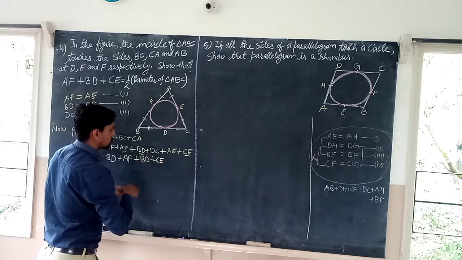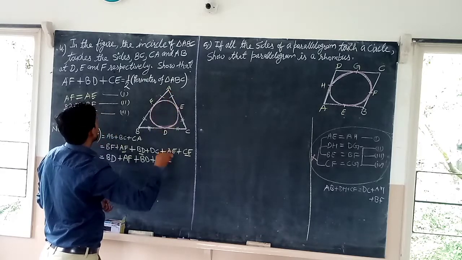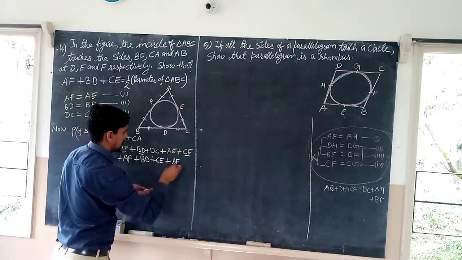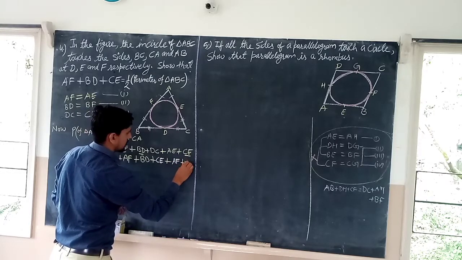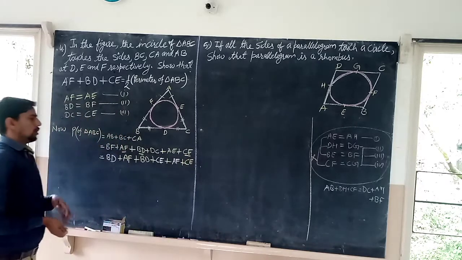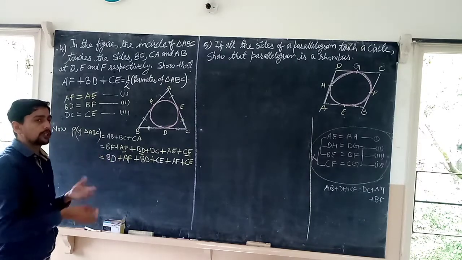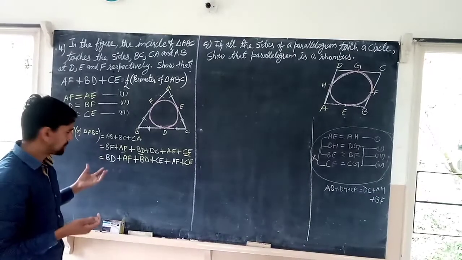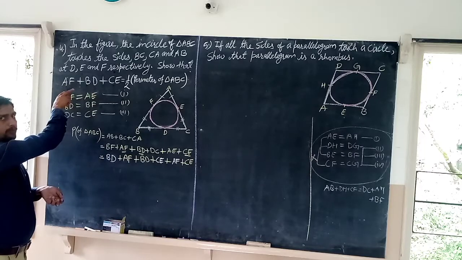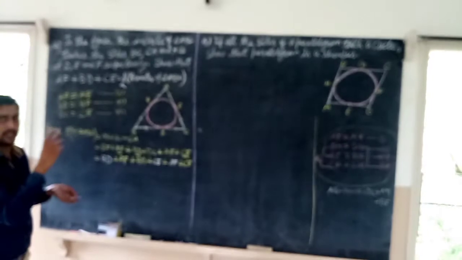I don't need AE also, so in place of AE I can write AF, plus CE. I need CE. So you have to think about what information you need and what information you don't need. I looked at the part which I have to prove, and I figured out that I need all these things. This is the strategy for how I am going to do this.